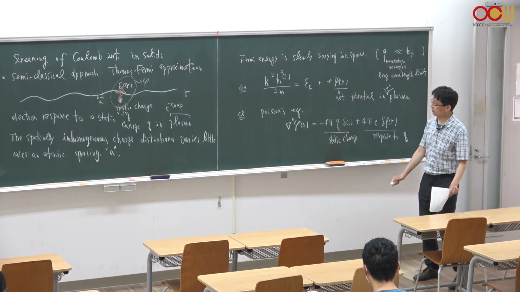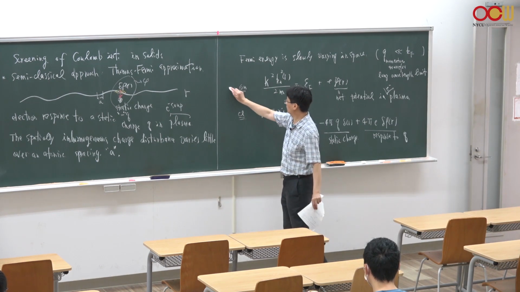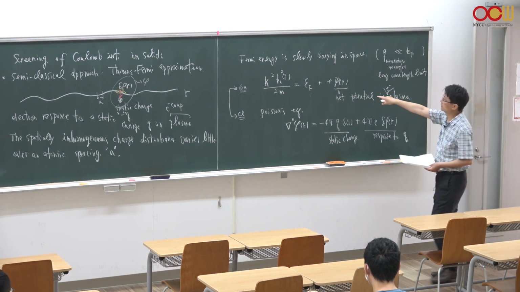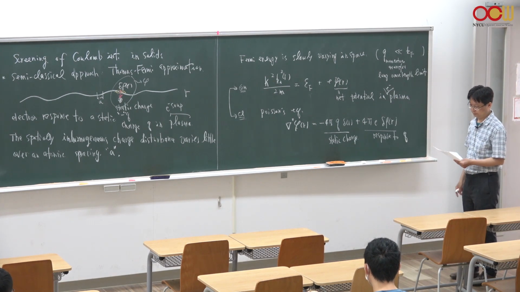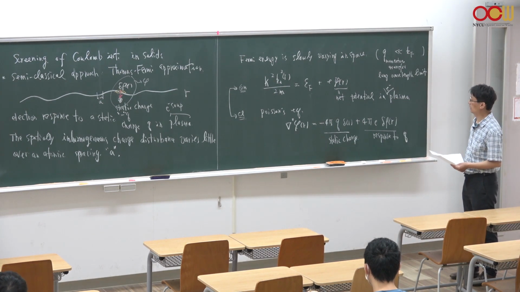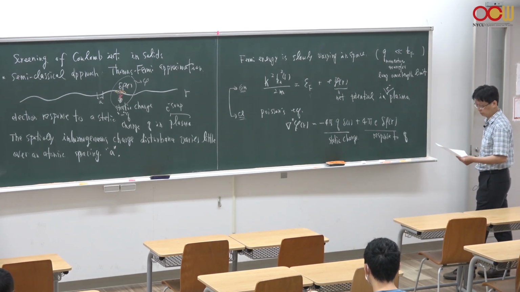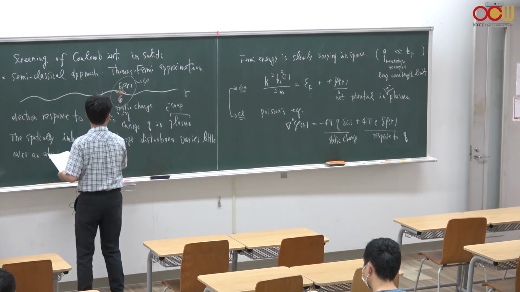So the Thomas Fermi approximation is the approximation that you simply combine these two. Of course, this is not an exact approach, but you can capture qualitative features of this screening of a Coulomb potential by simply combining this quantum mechanical equation for the electron kinetic energy and potential energy, and also the classical Poisson equation.